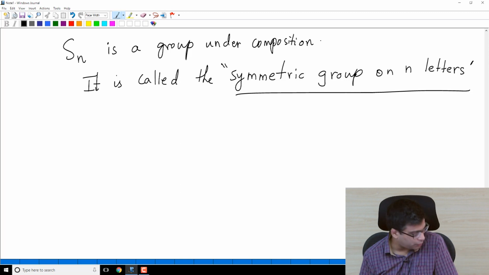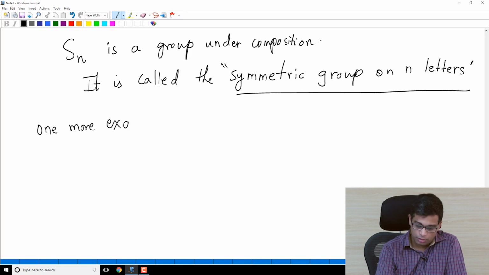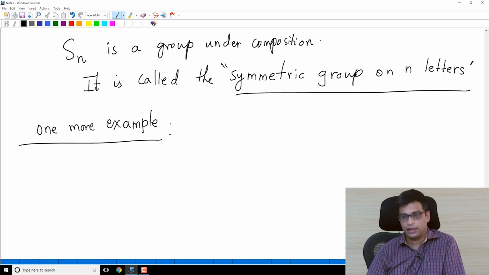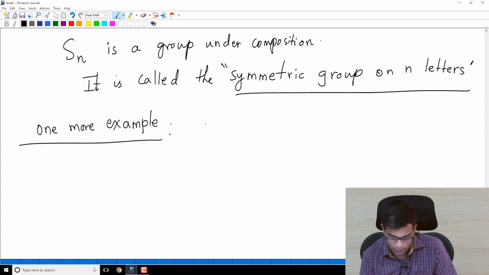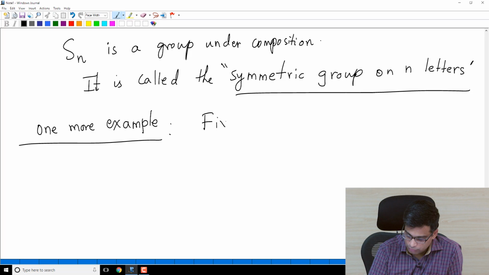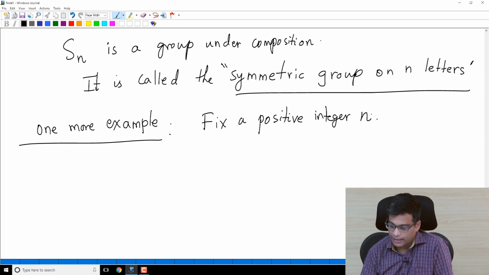And another group that I want to discuss is also an important group for us. We will refer to this again in future. I am going to give you a set of complex numbers. So, fix a positive integer n.